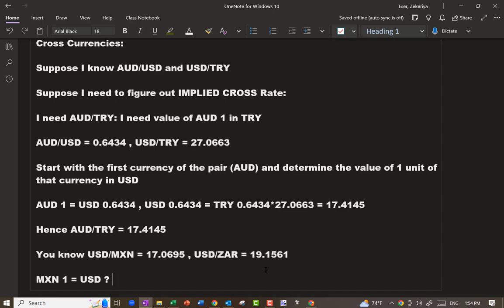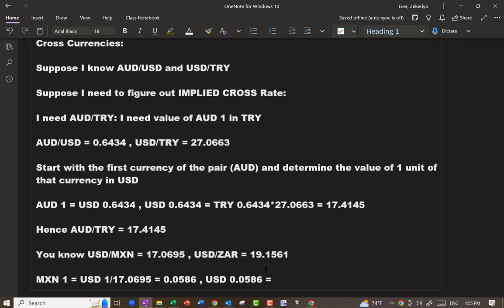So that's equal to 1 over, we're going to do all of that in the Excel sheet automatically. So 100 Mexican pesos is going to get you $5.86 US dollars. And I'm going to take USD and convert it into South African rand.